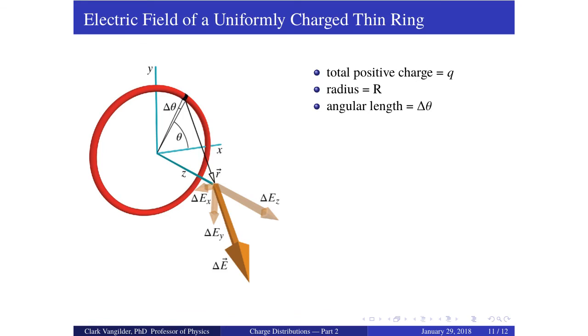So let's remind ourselves that once again, I'm dealing with a chunk. But instead of this chunk having a measure like delta y, I'm going to give it a measure of delta theta. Because guess what?